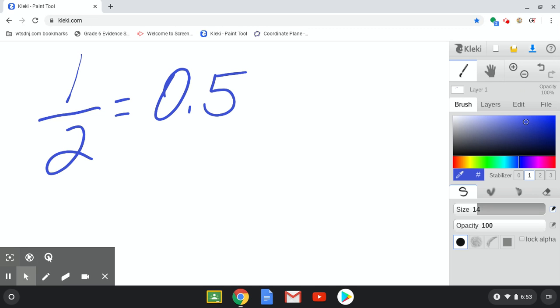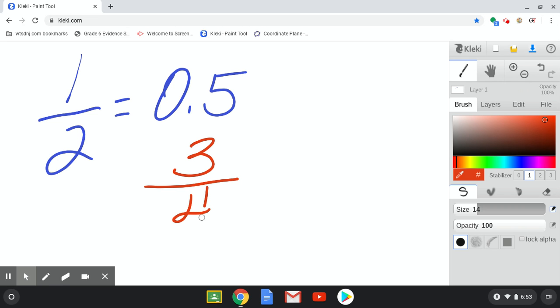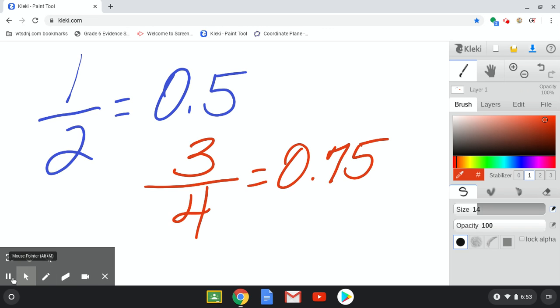Another one that we've talked about in class before is 3/4. 3/4 is one of those fractions that we should know the decimal equivalent to, 0.75. So 3/4 is equal to 0.75. Another one that we typically know.